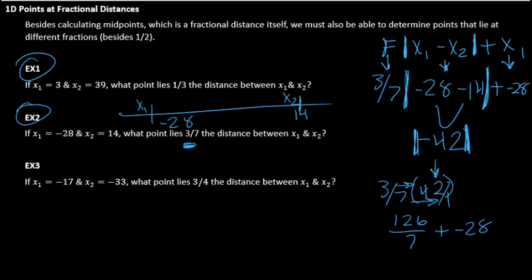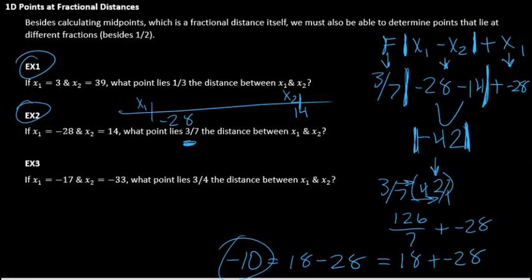You may want to go ahead and get a calculator for this one. I'm pretty sure that divides evenly. 126 over 7. Yep. We get 18 plus negative 28. If I'm adding a negative, that's the same thing as subtraction. So really this is 18 minus 28. That's the same thing. So I'm going 28 to the left, right? So minus 28 is going to give me negative 10.